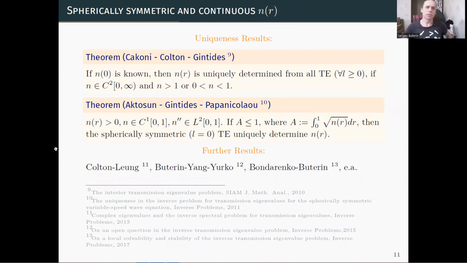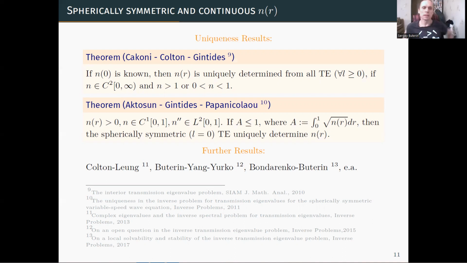I would give some small comment. You see, in this central line, n is C1, and n'' is L2. But usually reconstruction of this n goes via the second derivative.